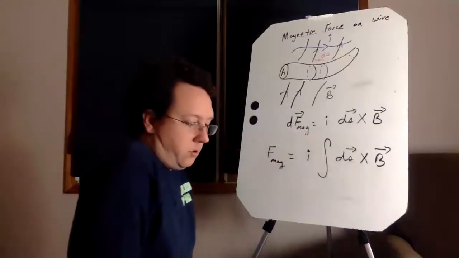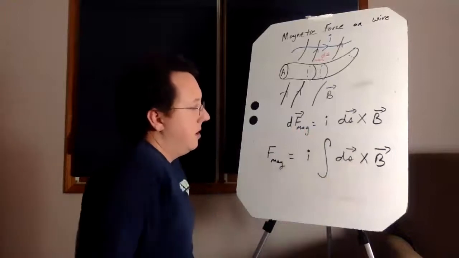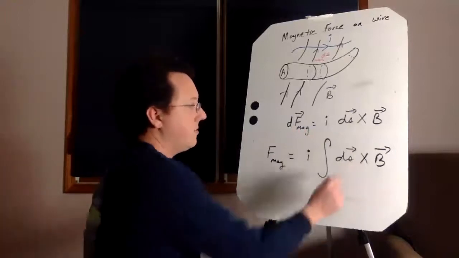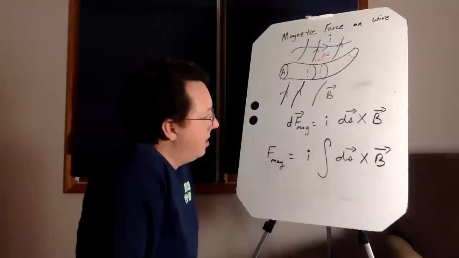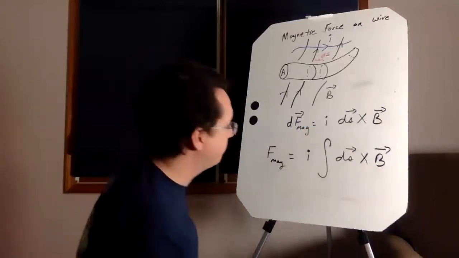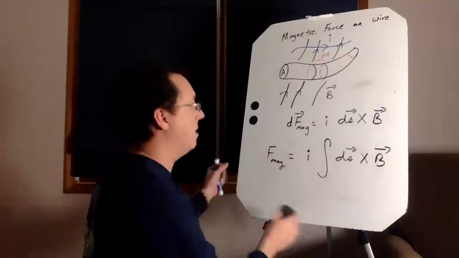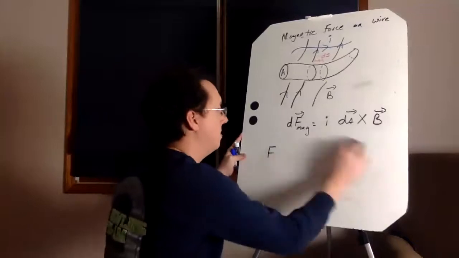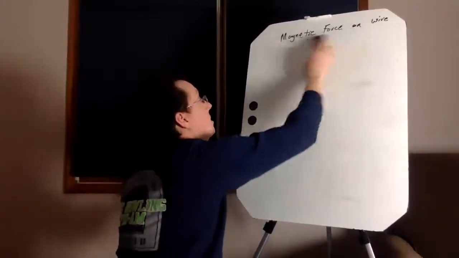So what I want to do next is review different expressions for ds, remind you of what it means, and then work out a few examples. But this is the general formula, and then we're just evaluating special cases for the rest of this video and then for the next few videos.